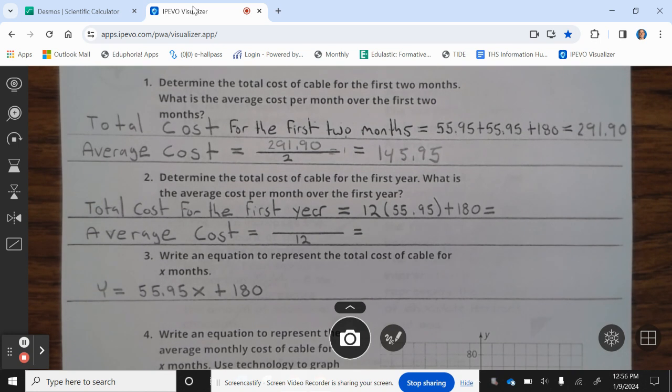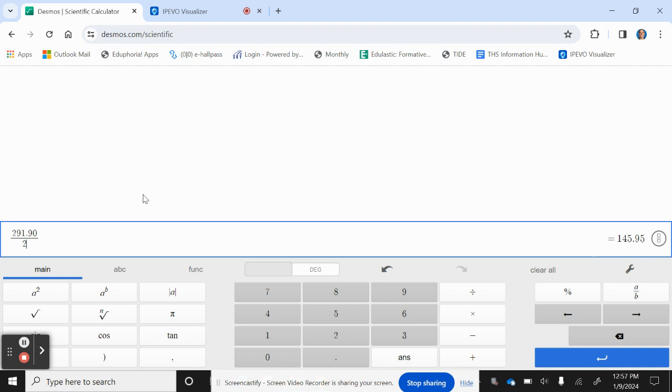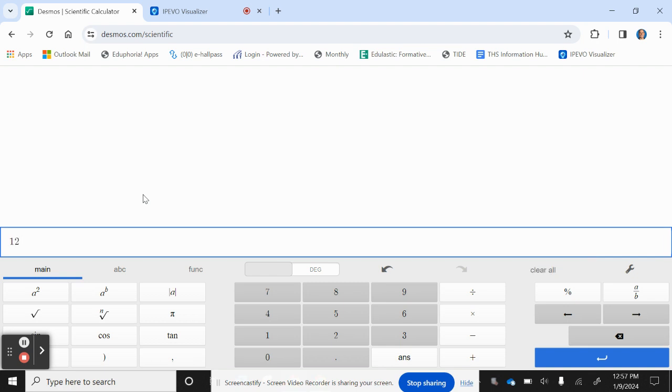2. Determine the total cost of cable for the first year. What is the average cost per month over the first year? Total cost for the first year is 12 months times $55.95 plus 180. So let's go ahead and use Desmos to calculate that. It is $851.40.